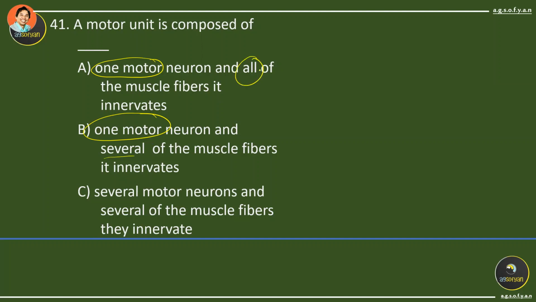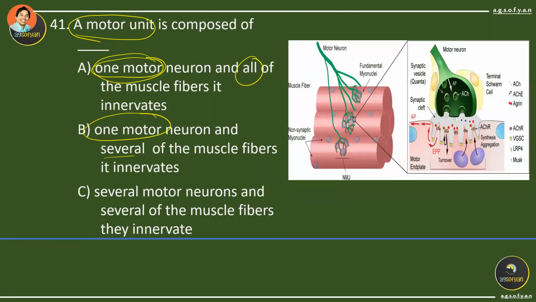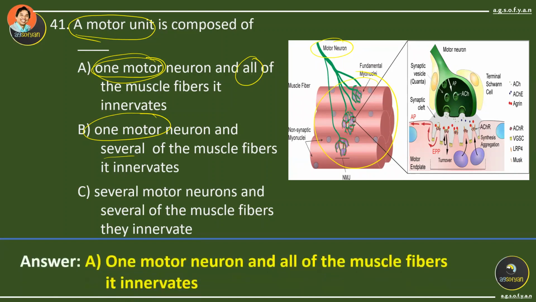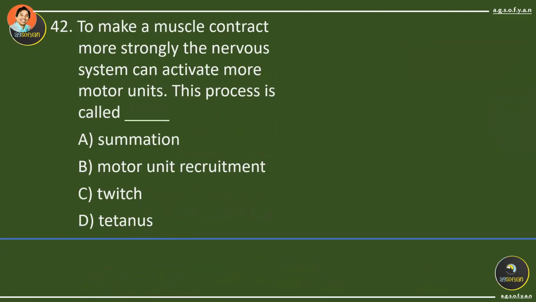All muscle fibers innervated by one motor neuron is called one motor unit. So only one motor neuron with all of the muscle fibers that it innervates. That's a motor unit.